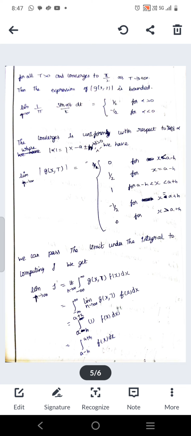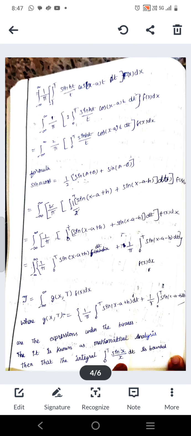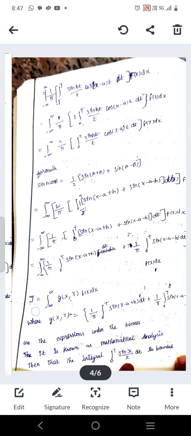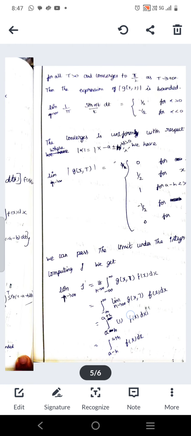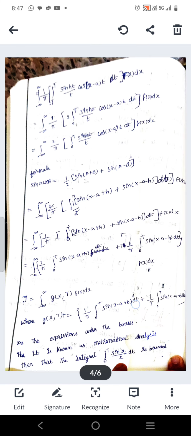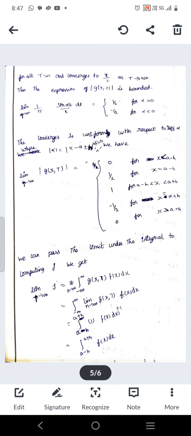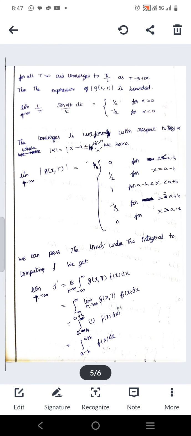And the modulus of g of x comma t, taking the limit, we get these intervals, okay? So then we find actually j, right? So applying t tends to infinity in j, we get the RHS term in applying the limit, we have substituted this value like 1.